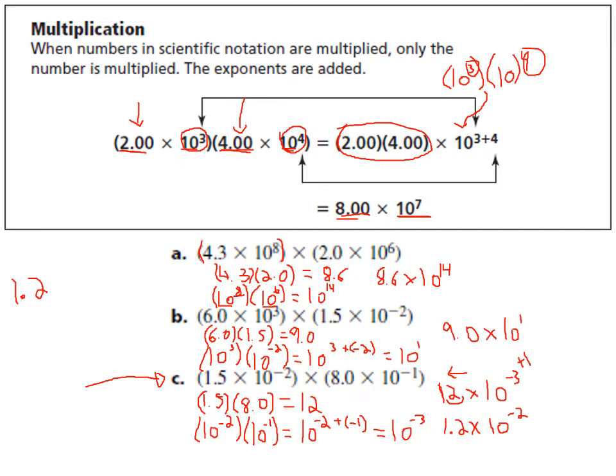If you had to fix this by moving your decimal to the right, you would take away 1. So you just need to make sure that in the end your format is appropriate. Otherwise, this would not be considered appropriate scientific notation, and you wouldn't get full marks for it. So just pay close attention to that when you get problems like this. You will see some in the booklet that you're given.